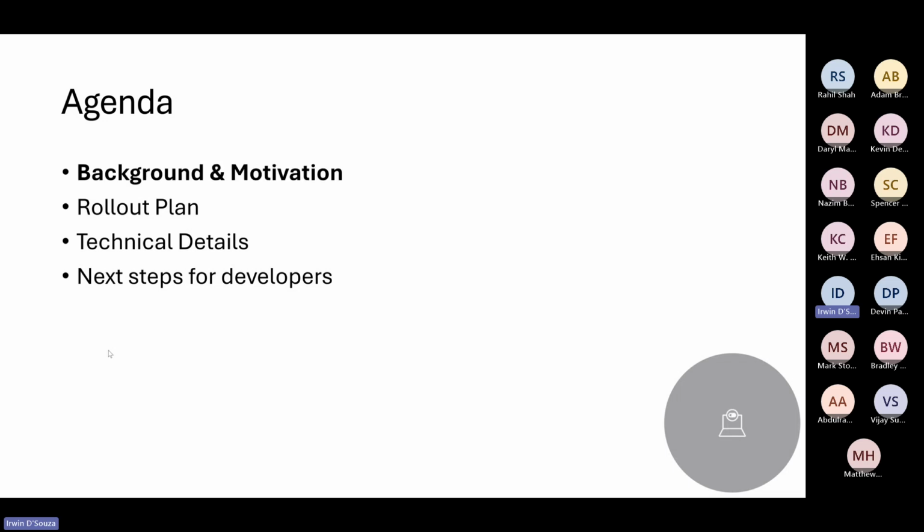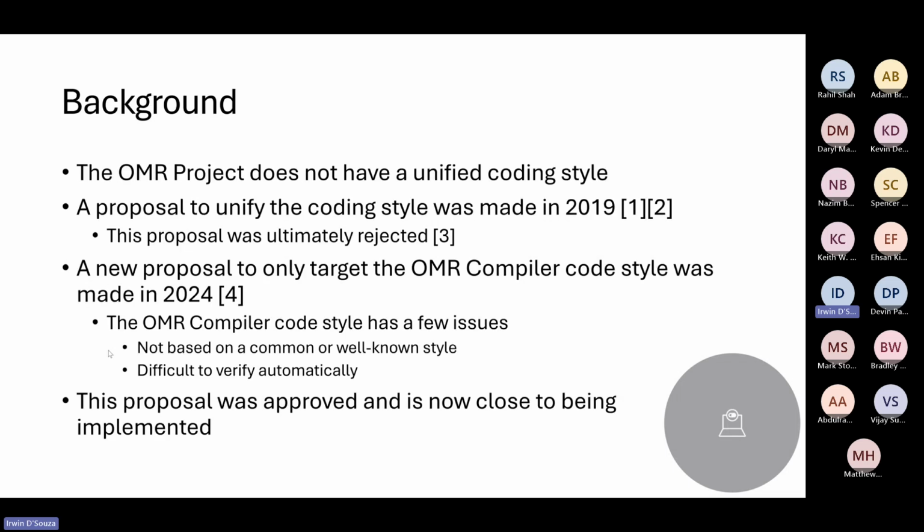So first, the background motivation. The OMR project does not have a unified coding style because of the history of the project and the code base. There was a proposal to unify it, but it was ultimately rejected. A new proposal was made last year by myself, where we suggested we'll only do the compiler component.